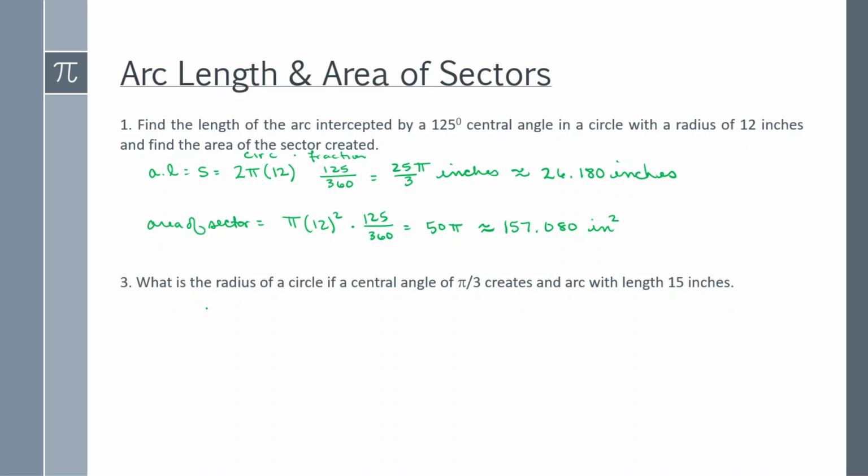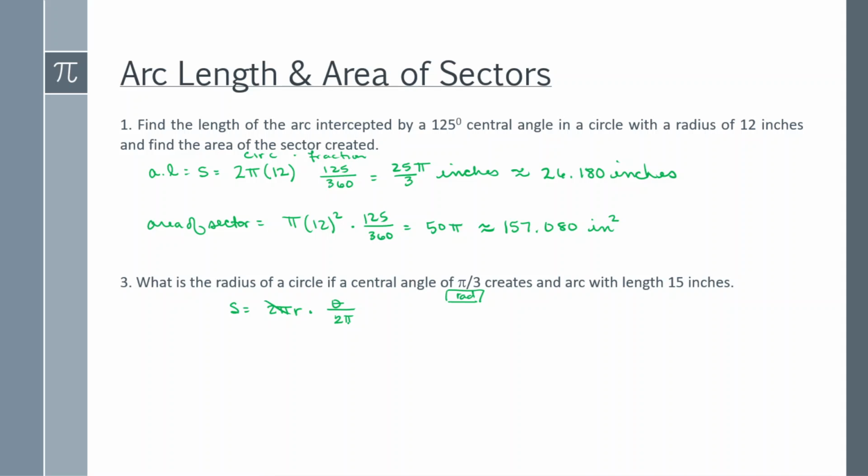Okay, now we can go the other direction. Let's say they want us to find the radius of the circle with a central angle of pi thirds that has an arc length of 15. So arc length, again, is 2 pi r times my angle, and since this is in radians, and I know that because it has that pi in it, and it does not have a degree symbol, I'm going to put a 2 pi on the bottom.